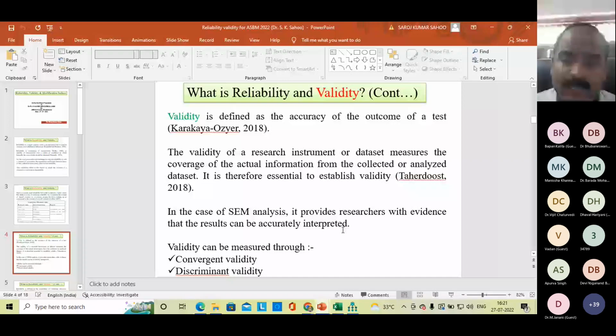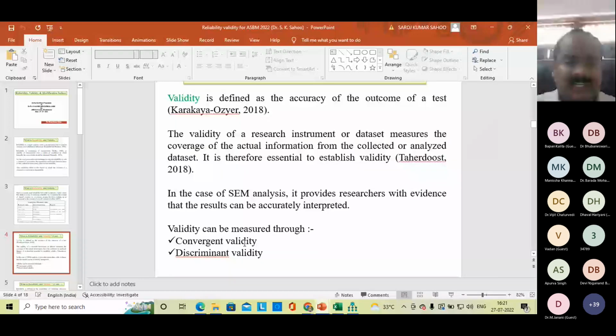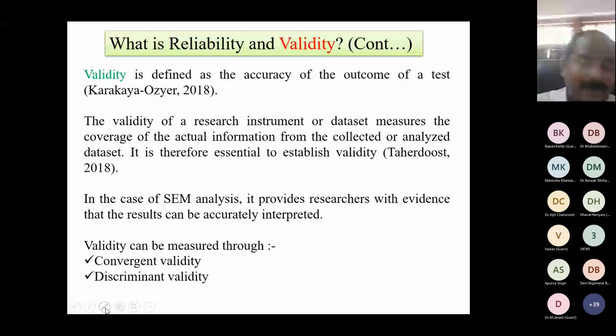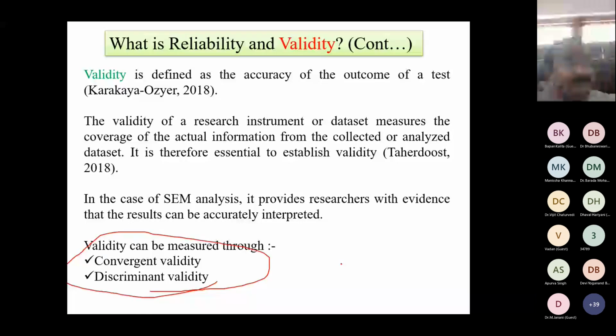Most researchers say there are two sets of validity. One is convergent validity, another one is discriminant validity.